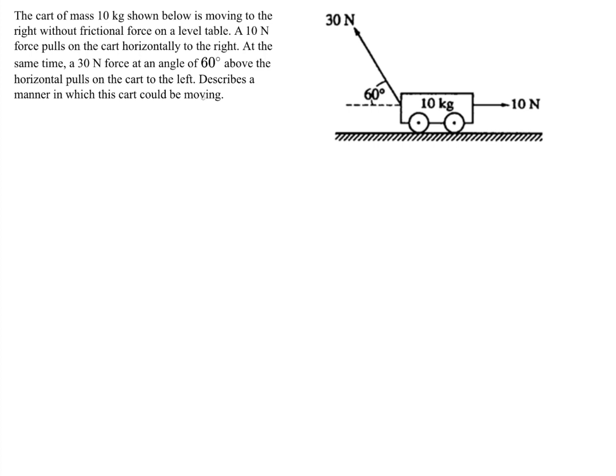So, first, I think we can determine whether or not the cart is going to move vertically from this 30 Newton force. If we look at this part, we can decompose it. The weight of the cart is simply 10 times the force of gravity, which is equal to 98 newtons.